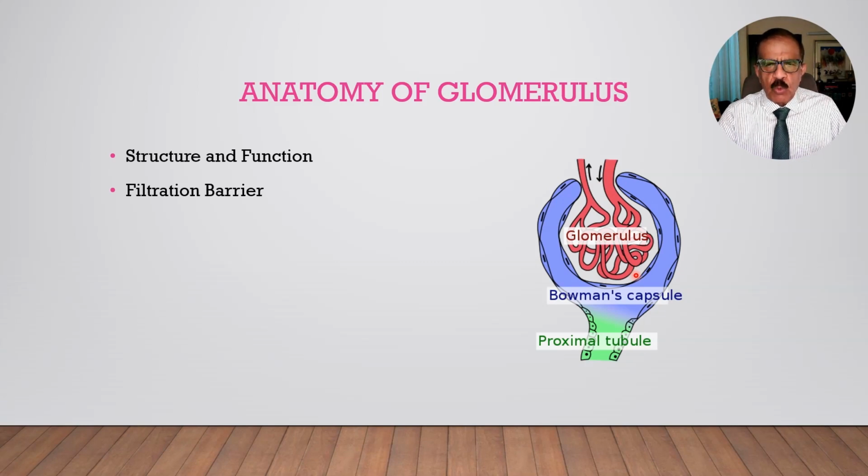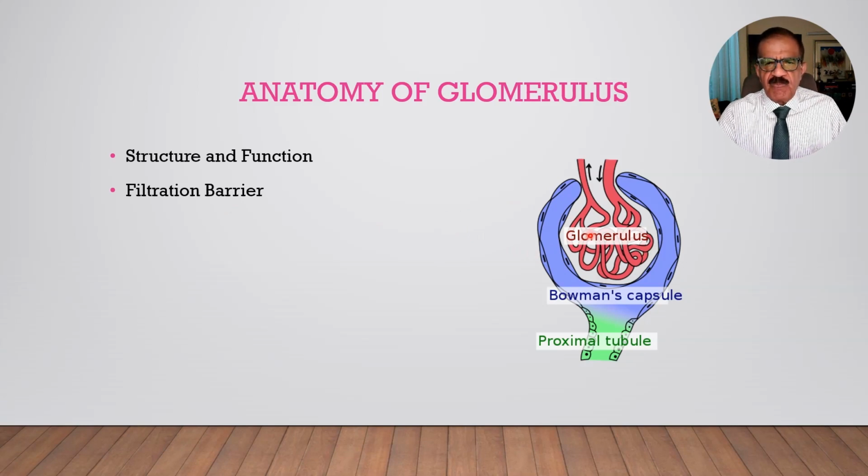Amino acids, glucose, all electrolytes are filtered into this, and then they go on to the tubule system, and most essential nutrients including electrolytes, glucose and amino acids are reabsorbed. But the glomerular structure offers a barrier to proteins and cells in the normal state.